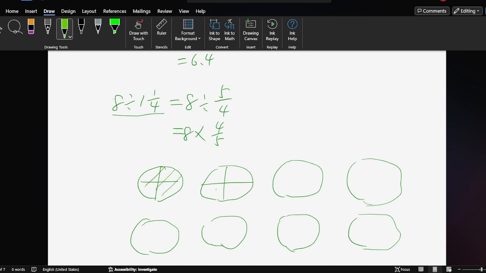This 1 with 1 over 4: this is 1 part, and this is 1 small piece. Total 1 whole part, then a small one, totally 5 small pieces.